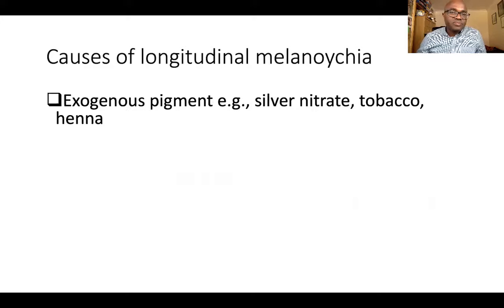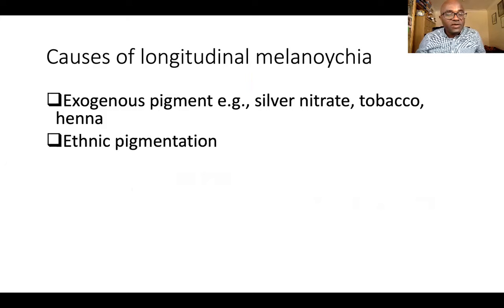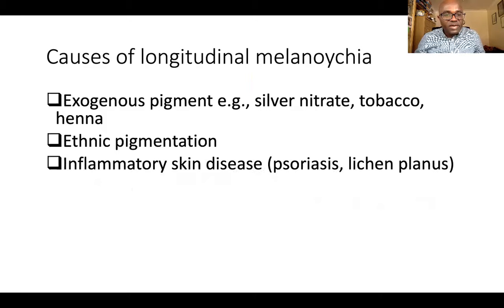Then there are exogenous pigments: tan, silver, tar stain, henna, and other things. You can look at these on dermoscopy to see if it could be an exogenous pigment. Skin types 4, 5 and 6 usually have a dark longitudinal ridge, which shows a variation in the nail bed.